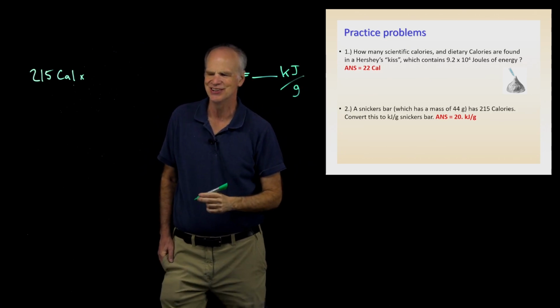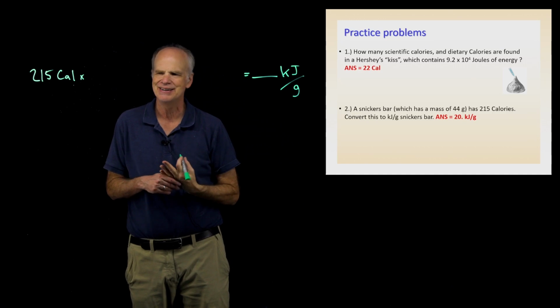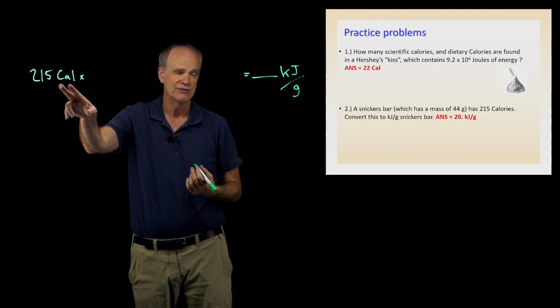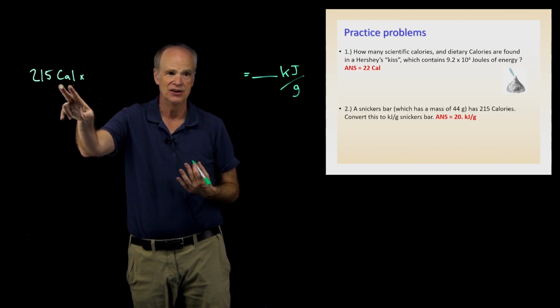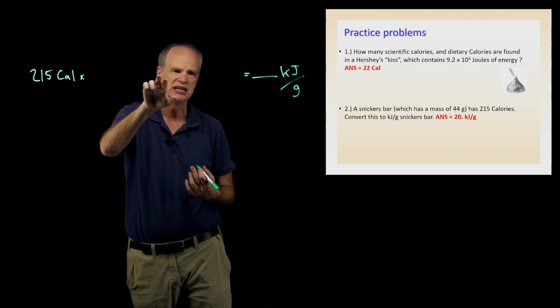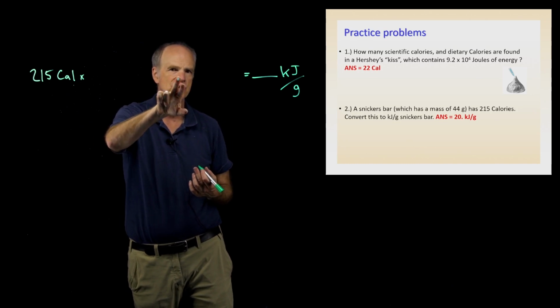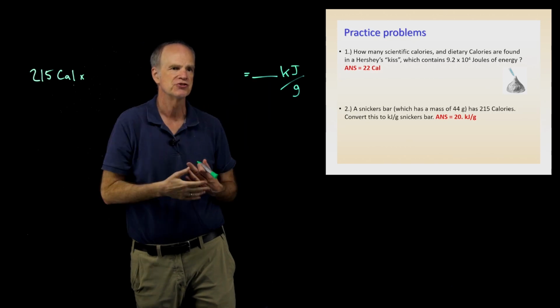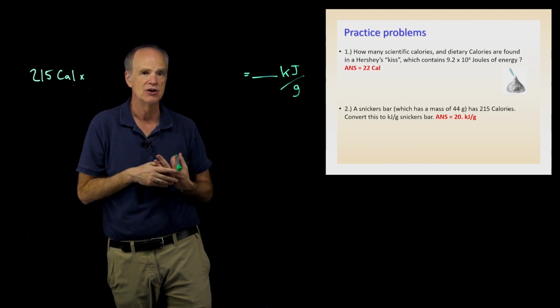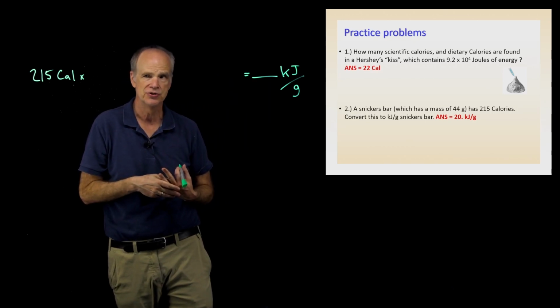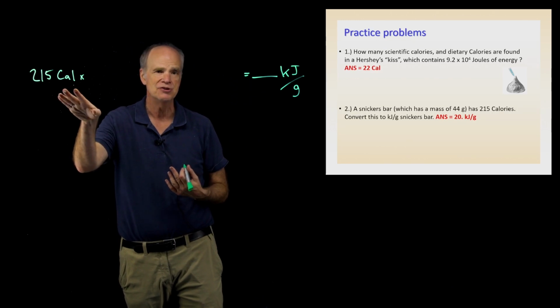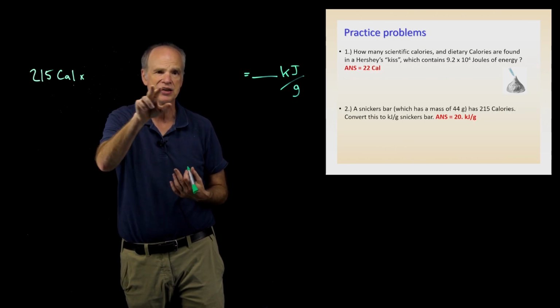Okay, so what do you do? Right now we're at dietary calories, and eventually we want to get this into joules, because then we convert joules to kilojoules, reminding ourselves that there are 1,000 joules in 1 kilojoule. So the question is, how do we take dietary calories and get this into joules?